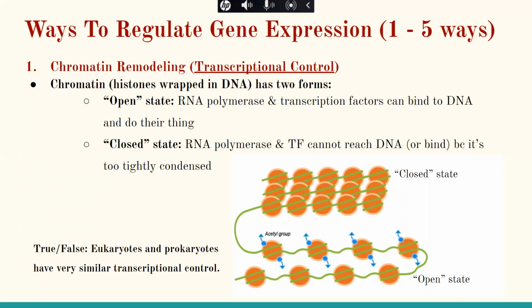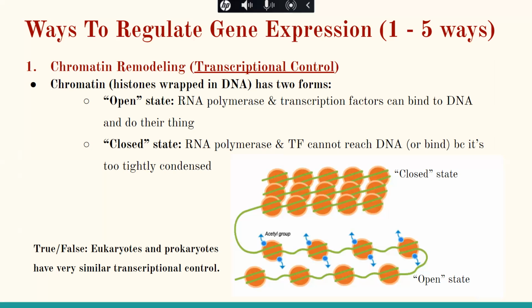So true or false, eukaryotes and prokaryotes have very similar transcriptional control. What do you think? I think because prokaryotes don't have a nucleus, they don't organize their DNA into chromatin. Right, so this statement's false. Their transcriptional control is very different. They have circular DNA or a chromatid.